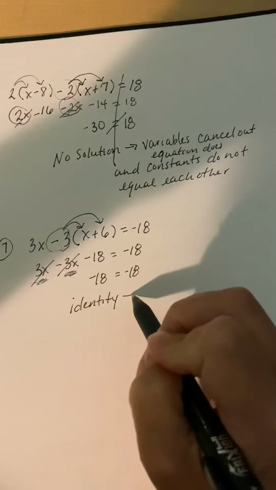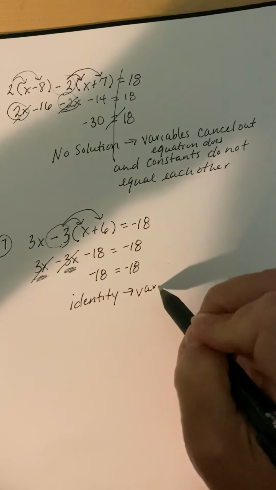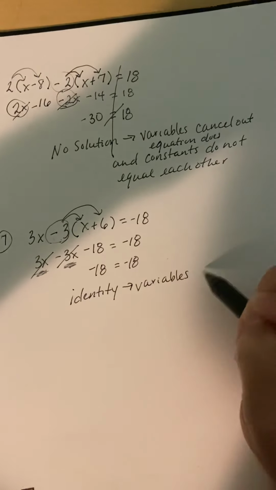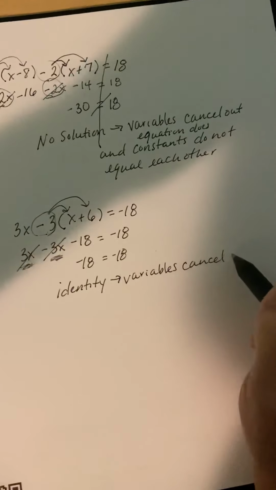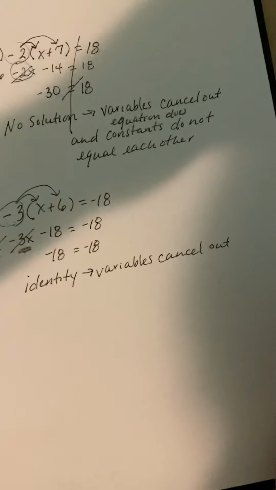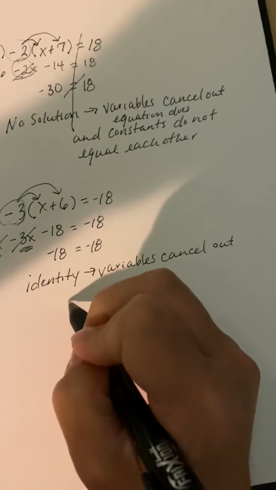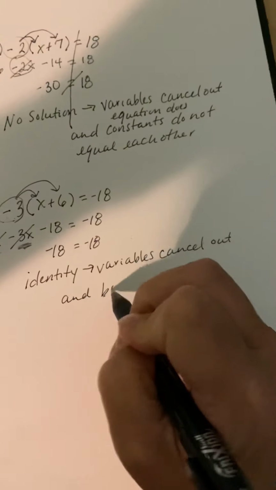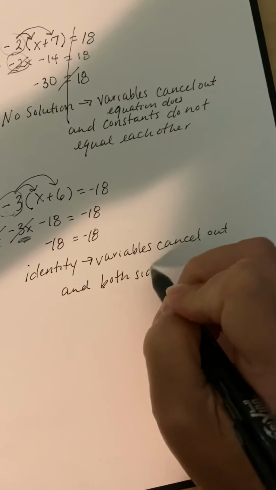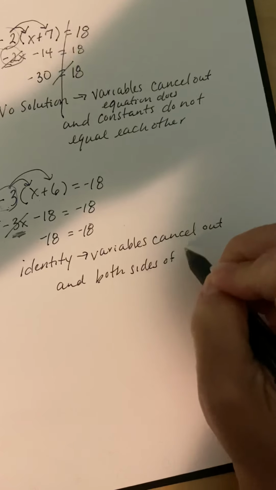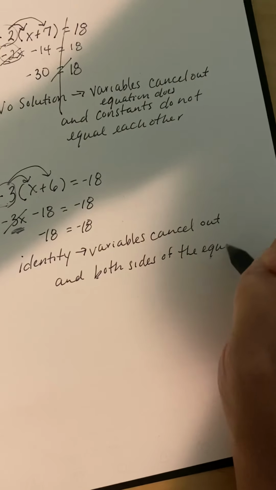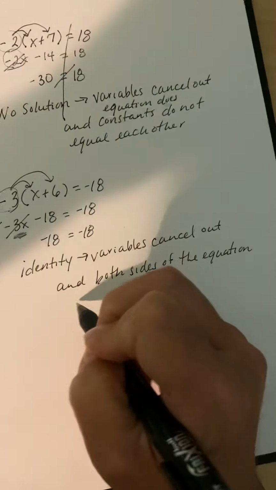An identity occurs when variables cancel out and both sides of the equation equal each other.